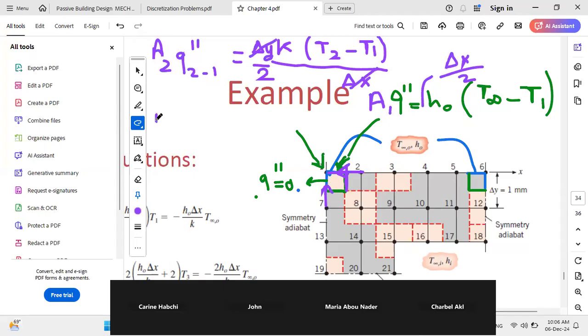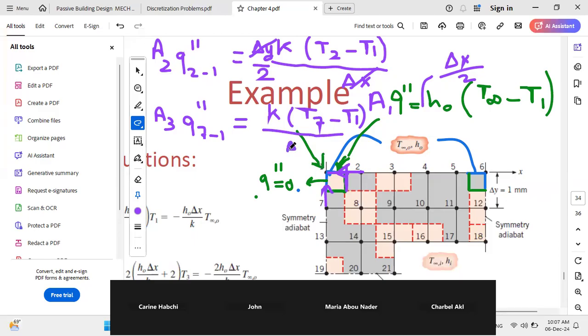If we want to take A3, which is the area of the face through which we have this conduction, times the Q double prime from 7 to 1, we can write it as K times T7 minus T1 over the distance between nodes 7 and 1, which is delta y.